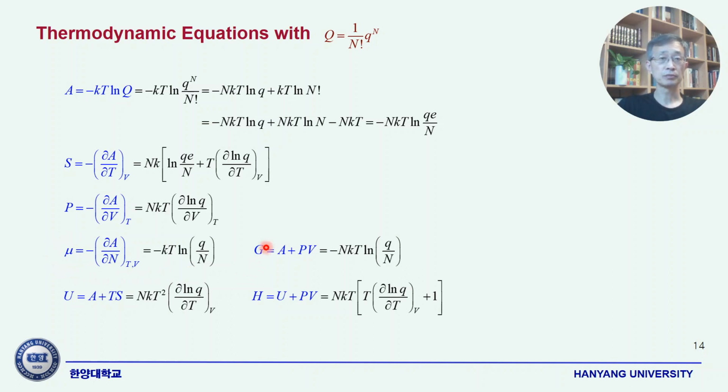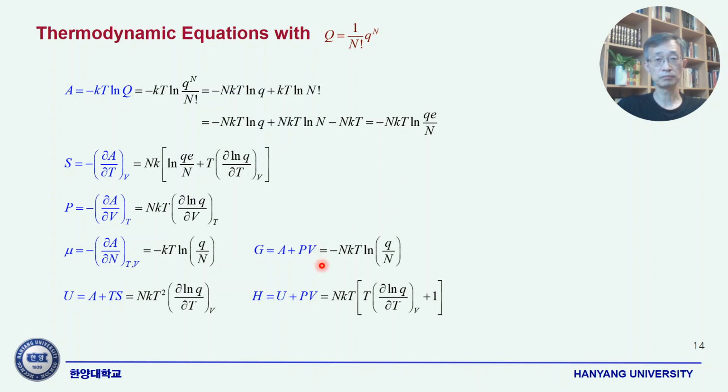And then we obtain G equals A plus PV. A is here, and instead of PV we can put in the ideal gas equation, PV equals nRT. In terms of the number of molecules, PV equals capital N kT. So you just add plus N kT here.